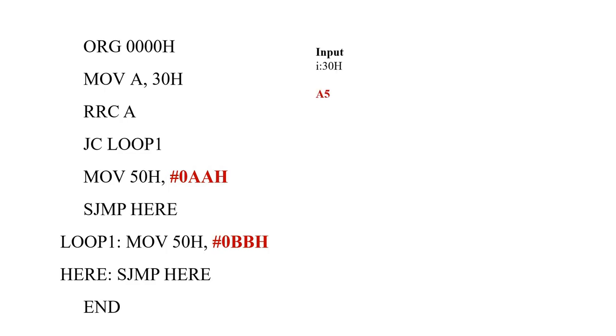Now suppose the input we are giving at 30H memory location is A5, its output must be BB because it is an odd number. For odd number we are using the representation as BB. And if the input is A4, A2, A6, that is, if the number is even, then output must be AA.